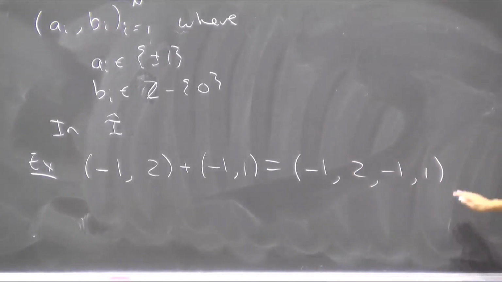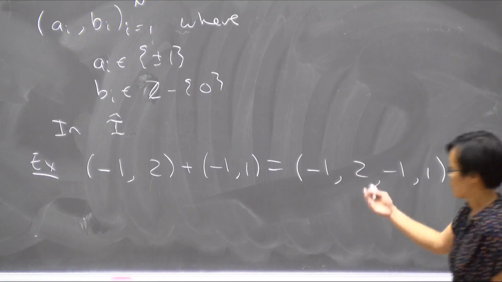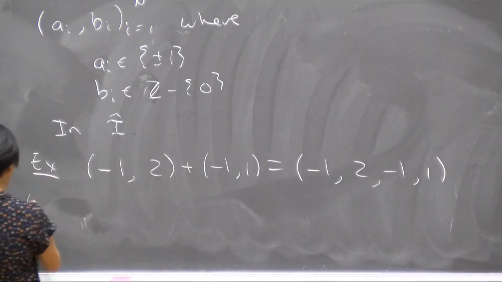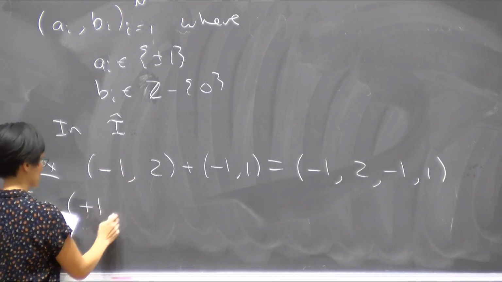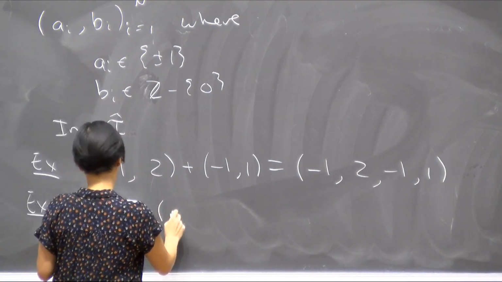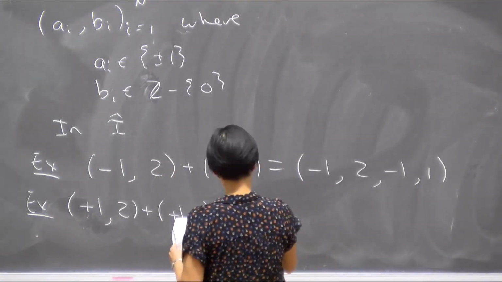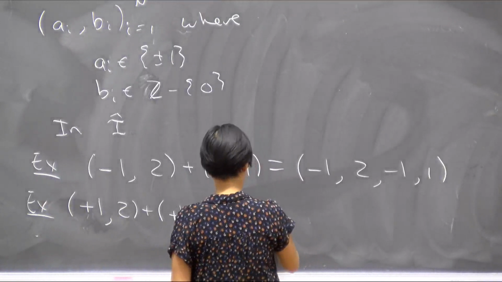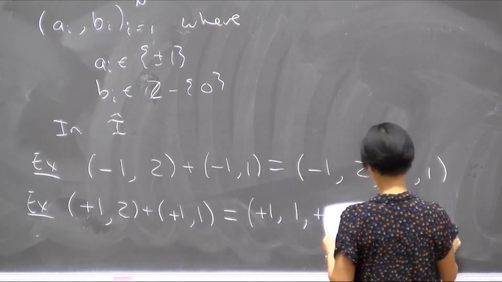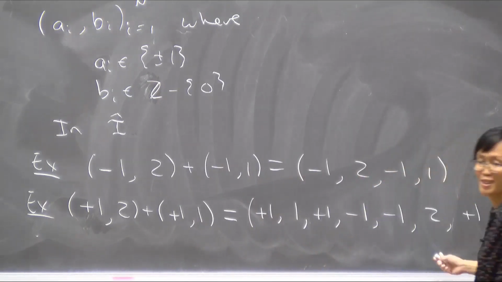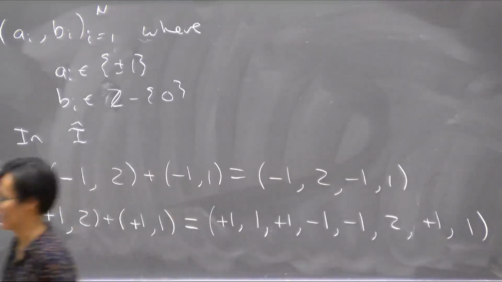This maybe makes you think that the operation in this group I hat is straightforward. Let me give you one more example. If I just change the sign on one of these, plus 1, 2, plus 1, 1, it turns out that the sum of these gives you plus 1, 1, plus 1, minus 1, 2, plus 1, 1. So maybe this example makes you think the operation isn't so easy to understand.